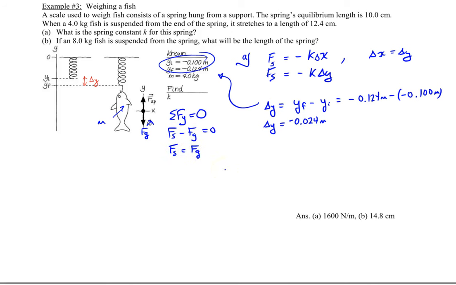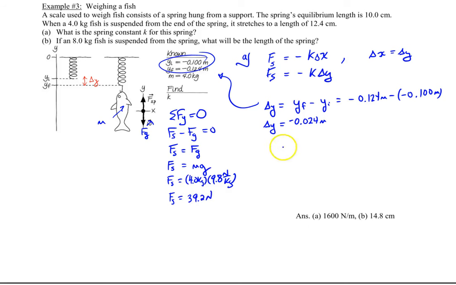And if you recall, we can calculate the force of gravity by using just simply m times g. Right? And so F sub S would be equal to m, and the mass of our fish is 4 kilograms, times g, which is 9.8 newtons for every kilogram. That gives you a spring force of 39.2 newtons. So now we can replace it into this equation.